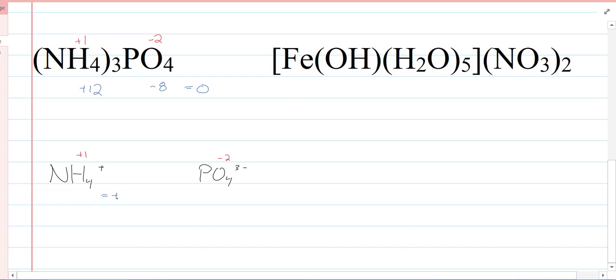So +1, -3. Let's do ammonium first. 4 times 1, that's +4, so that means nitrogen is -3, which is what it wants to be. And so if we would have come up here and put -3 for nitrogen, that would have been a good choice. But we can always do the polyatomic ions separately. -8, so that's a +5.